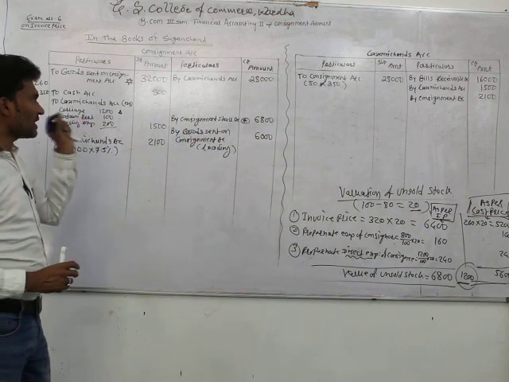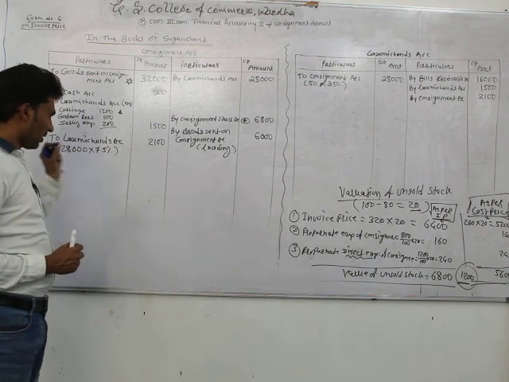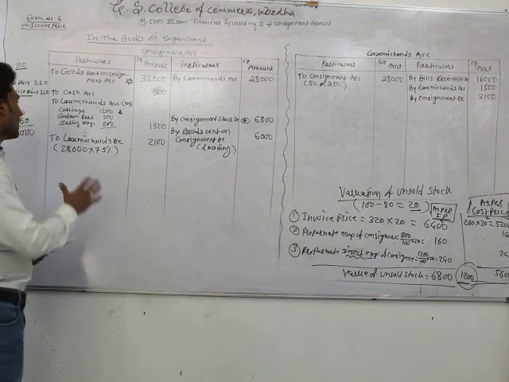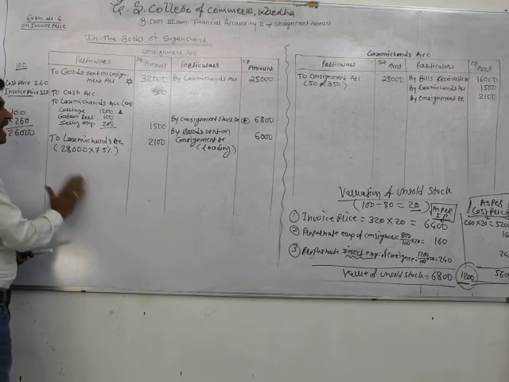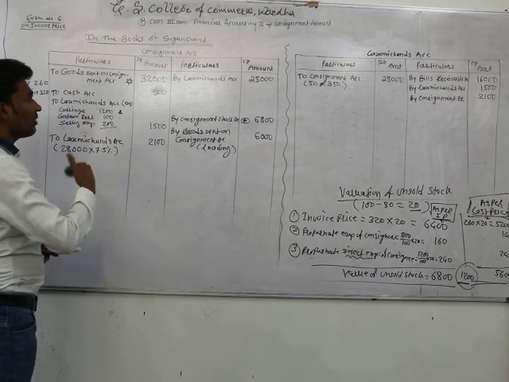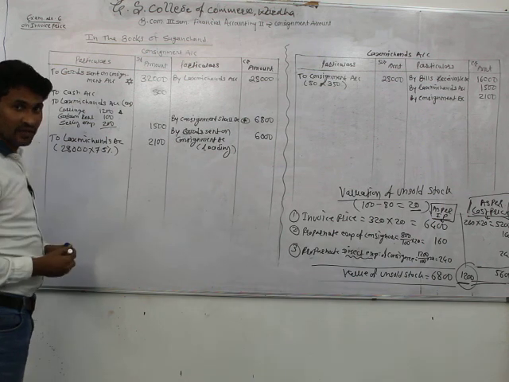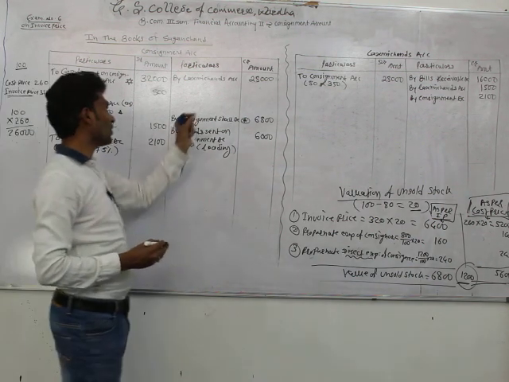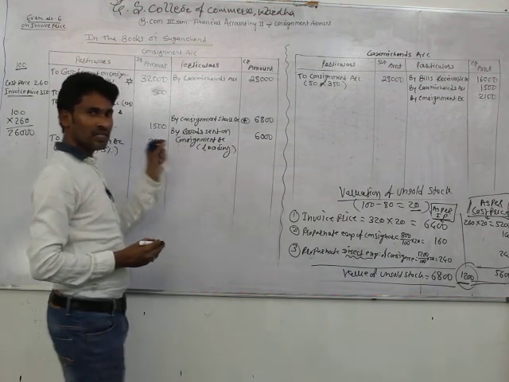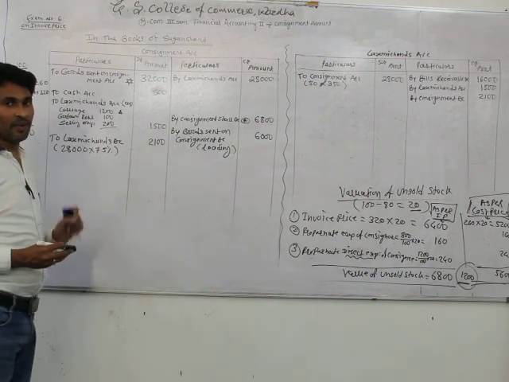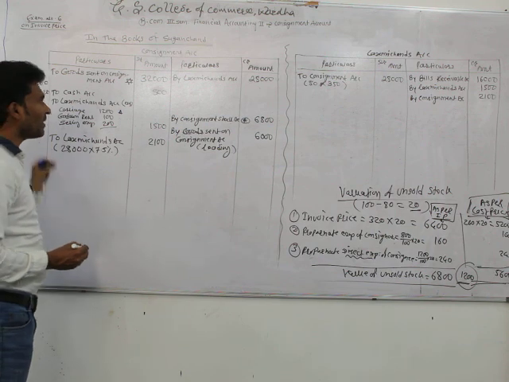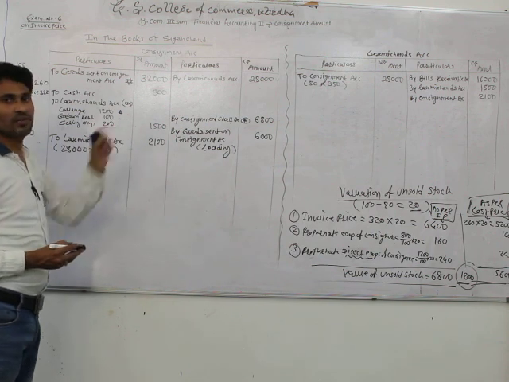So for cancelling the difference in the value of consignment stock, the consignor passes the journal entry: consignment account debit and consignment stock reserve account credit.